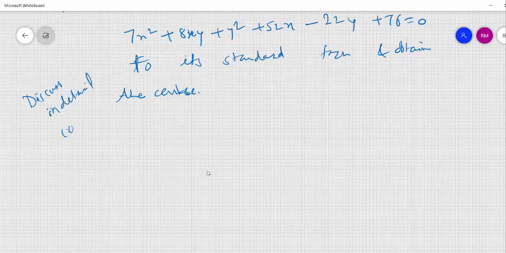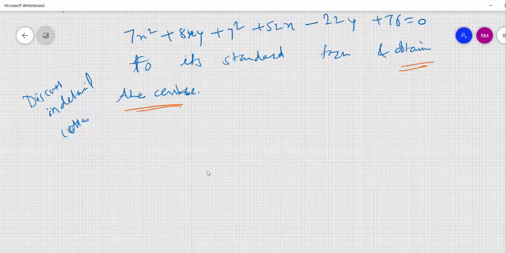We should know that to find the center we have a formula. So just focus on this problem.